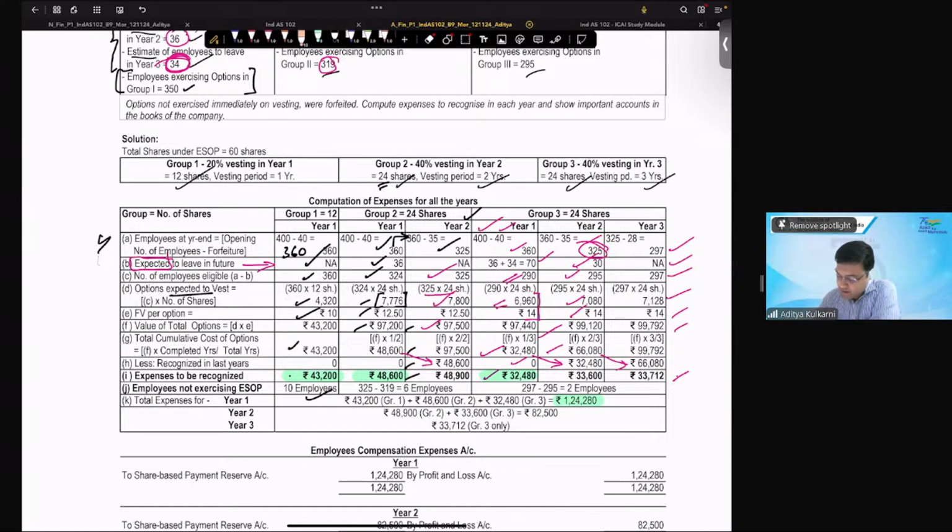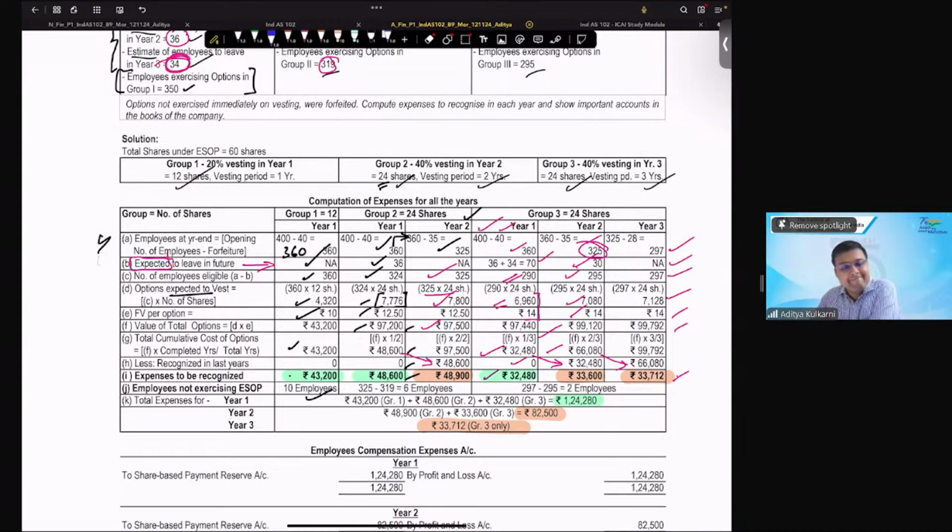Okay, fine. Coming to the next one, year 2: 48,900 plus 33,600, so that comes to 82,500. Year 3 has only one, 33,712, so that is group 3. Are we okay with the expenses?